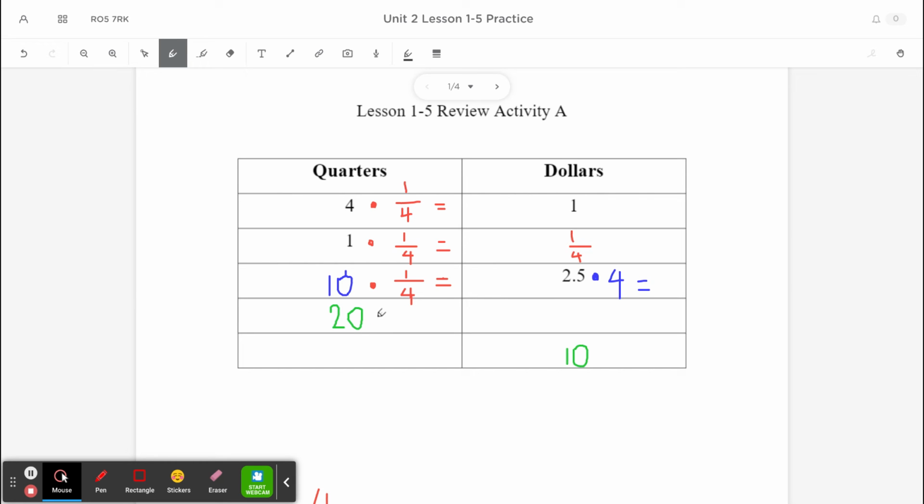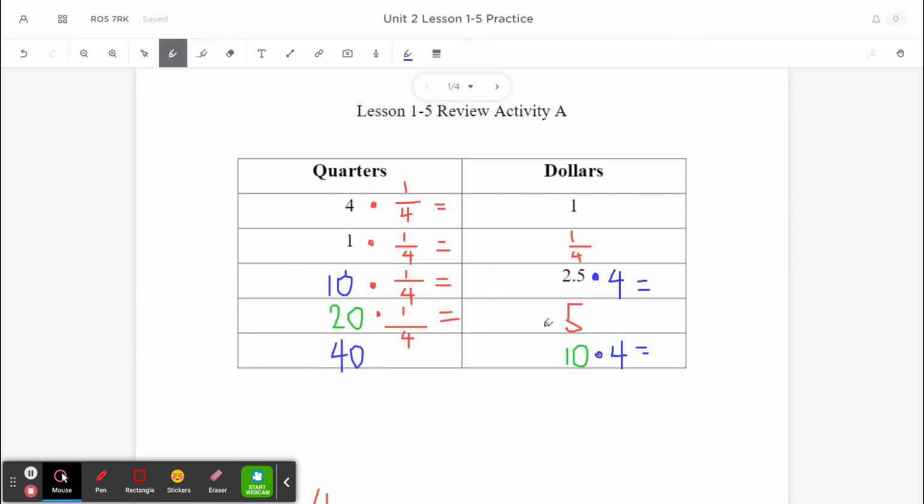Okay, so we know that we can multiply the number of quarters, 20, times 1/4. If we split up 20 into 4 groups, or 20 times 1/4, we end up with $5. Now, when we're thinking about $10, we know that we can multiply 10 times 4, which is equal to 40 quarters.